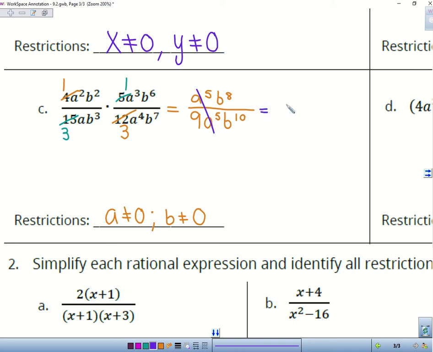And then the b's. What's going to happen with the b's? b to the second, it's going to be in the bottom. Yes. And then we don't have anything on top, so you just put a 1 when you don't have anything left on the top, because you don't see fractions that just have denominators. But that is our answer. Can't do anything else with that.